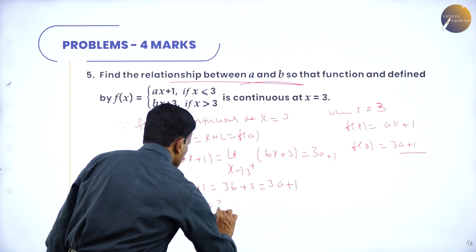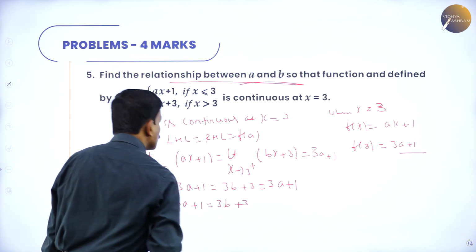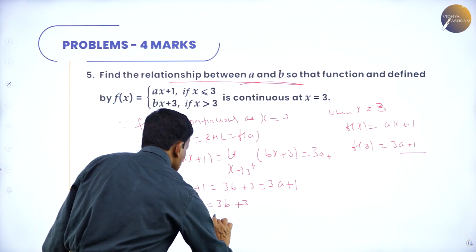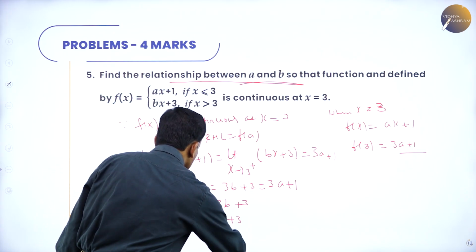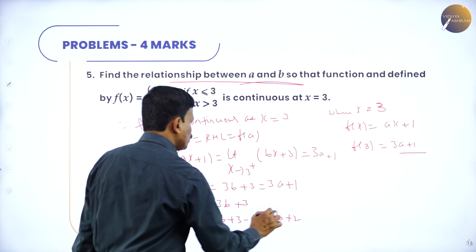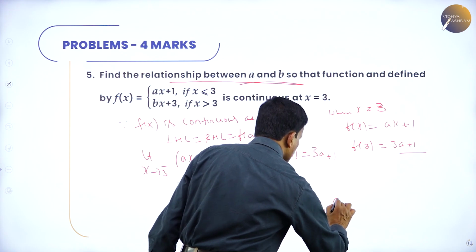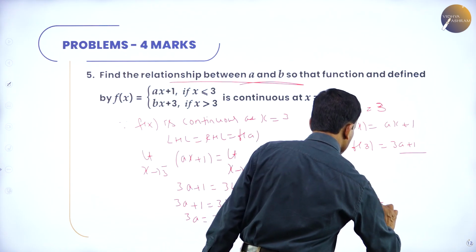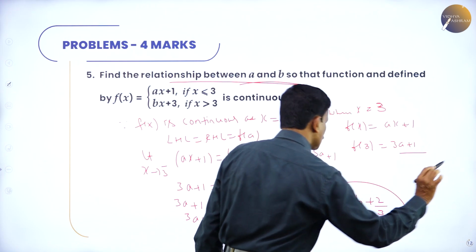3a plus 1 is equal to 3b plus 3. Now, what is to be found is the relation between a and b. So, take 3a is equal to 3b plus 3 minus 1, which is 3b plus 2. Now, divide by 3. If you divide by 3, you will get a is equal to, the 3 gets cancelled, b plus 2 by 3. This is the relation.